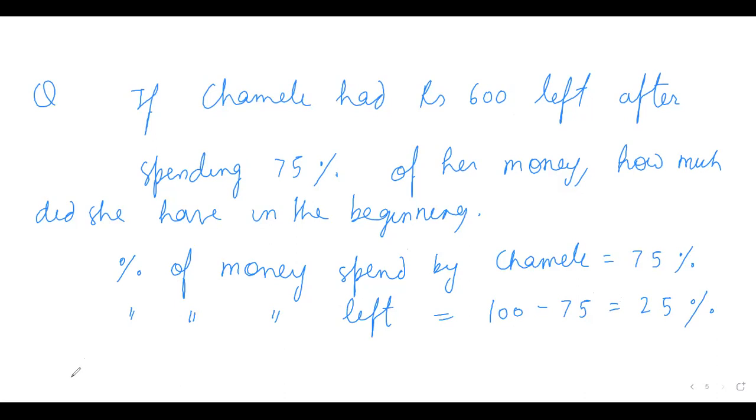Let Chameli have X rupees, then 25% of X is 600. If you cut it, 25 ones are 25, 25 fours are 100. So X upon 4 is 600, or you can say X is equal to 2400 rupees.